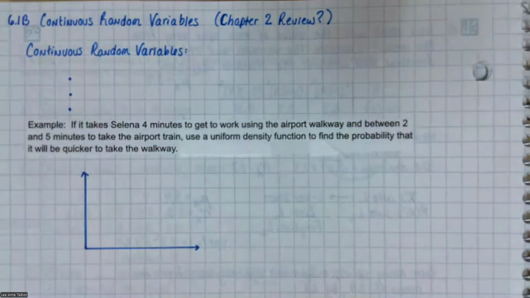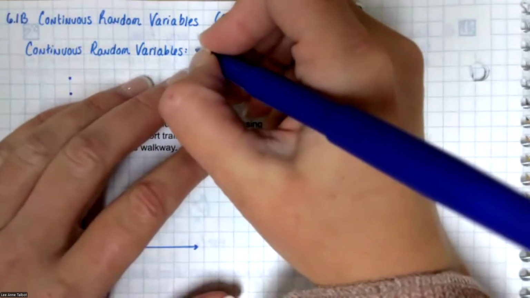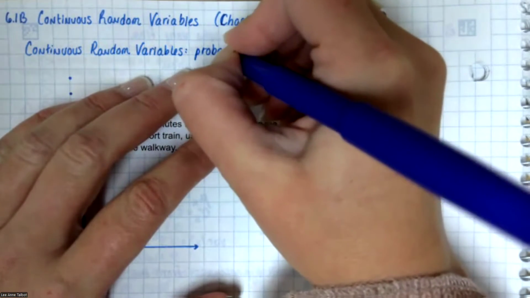Okay, anyway, so continuous random variables. We did discrete the other day, meaning that there's gaps between the numbers, right? And continuous ones are called density curves. And we already studied that.